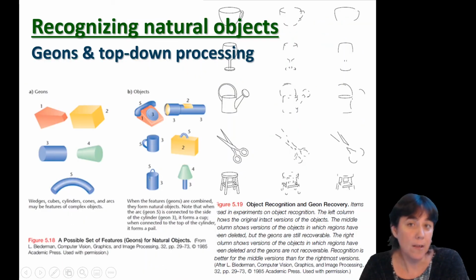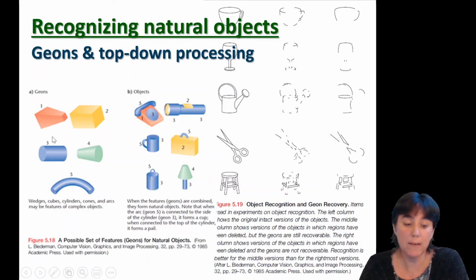So, again, Gestalt psychology helps us along the way. They have these geons, top-down processing mechanisms, which are very useful in how we recognize natural objects.